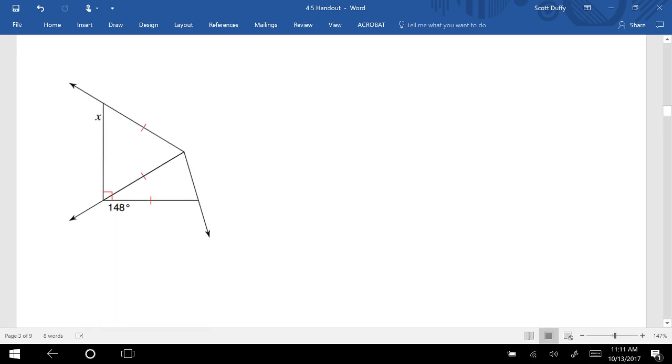Moving on. This one's just a little bit trickier. What you realize is that this angle right here is 148, and that this angle, along with that 148 degree angle, have to add up to be 180. So we'll call that y, because we already have an x on there. y plus 148 equals 180. Subtract 148, and you get 32.